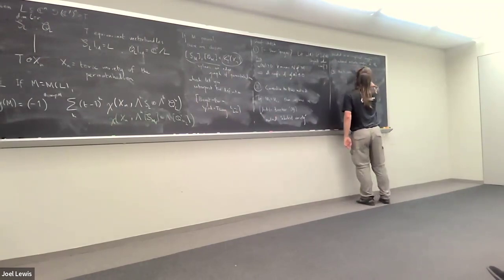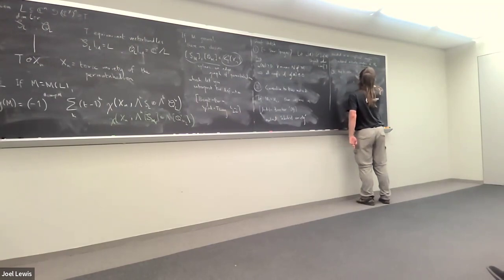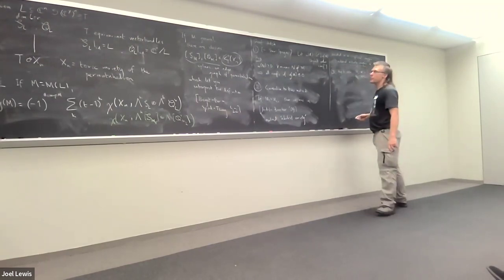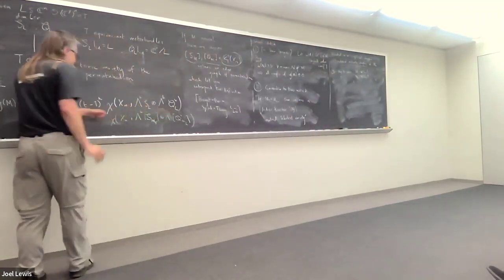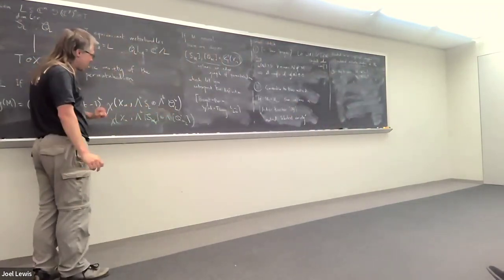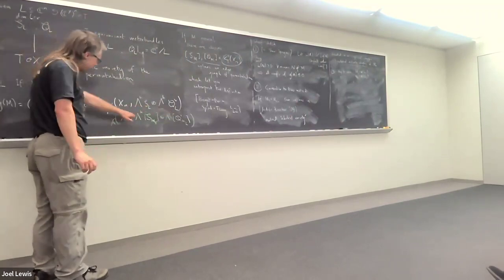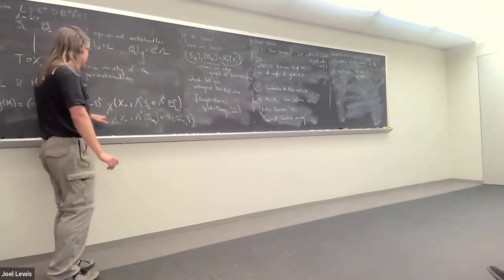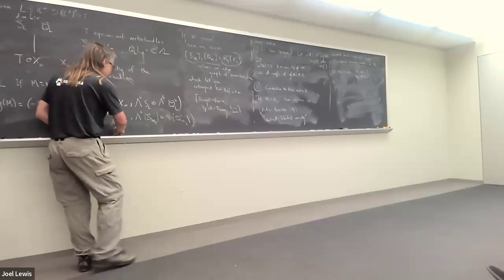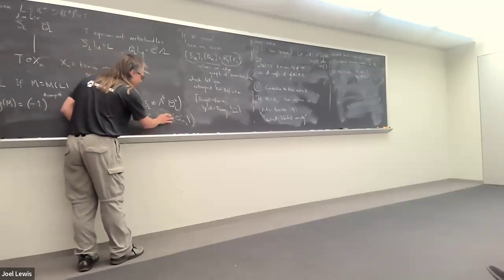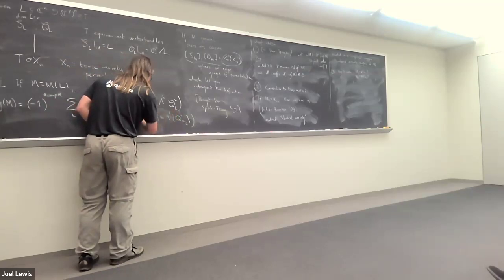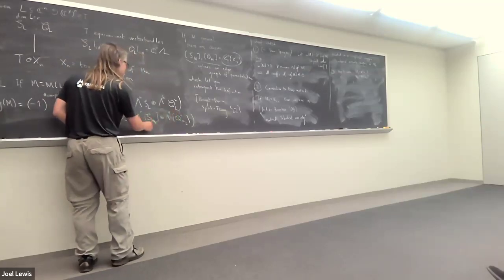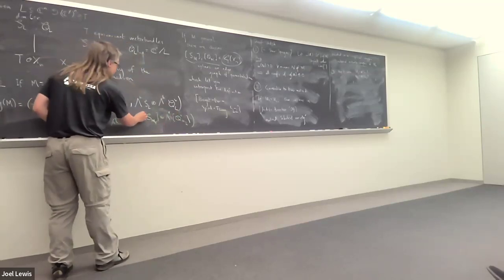So M1 is going to have M1 and this is going to have M2. Now I've got both of them, and I want to look at this thing, and it's just the top coefficient, so it's the rth wedge power of this thing, and the rth wedge power of this thing, where r is the rank of M1.